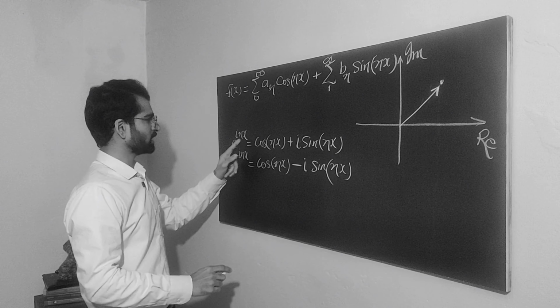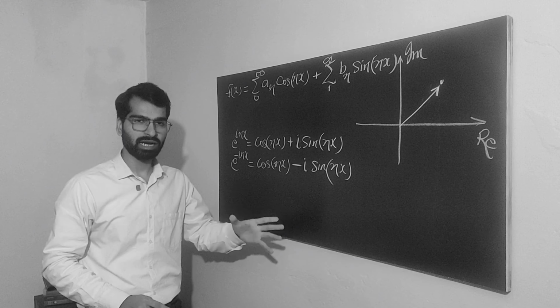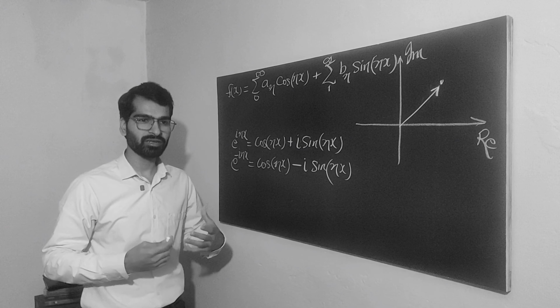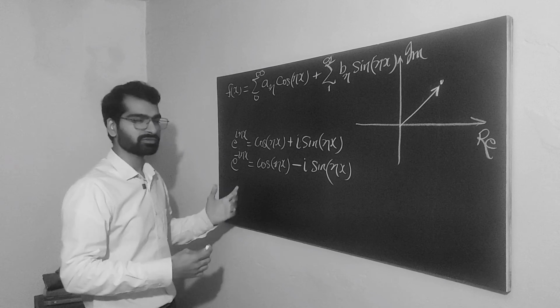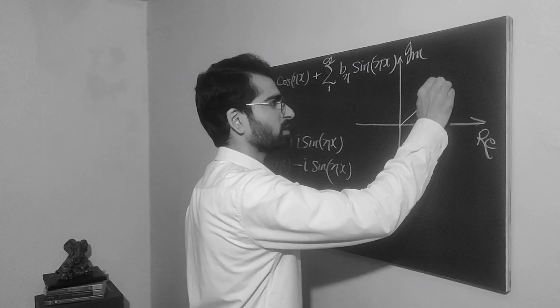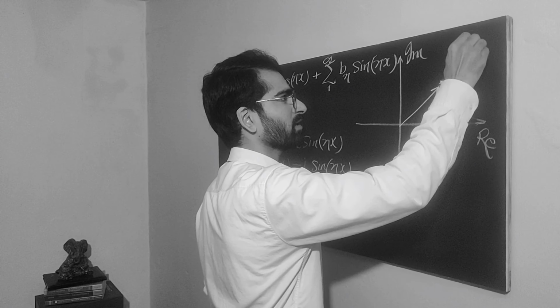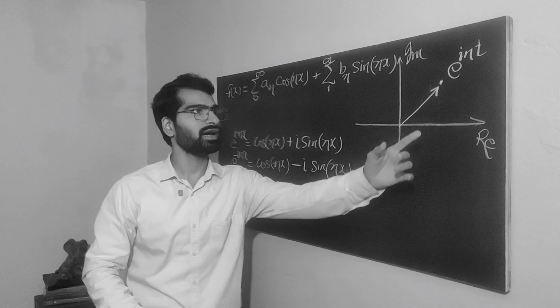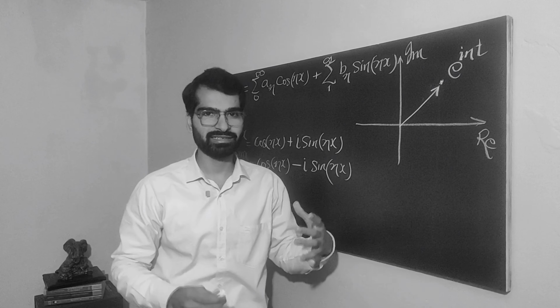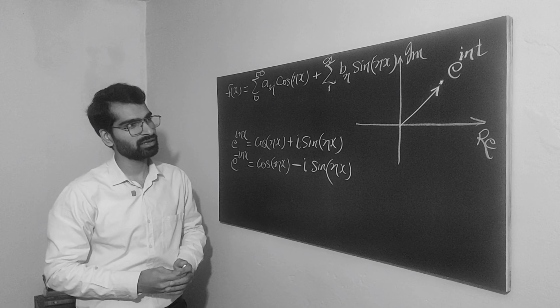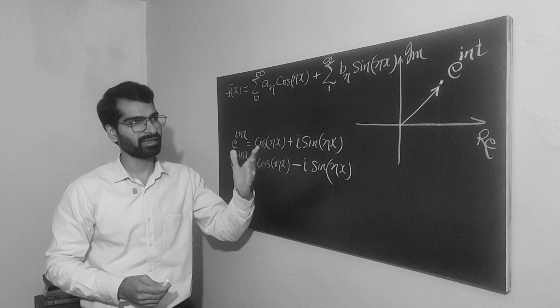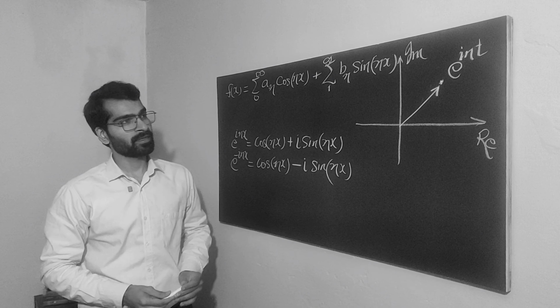For now, let me change x to t, time. It's easier for me to work with time, that's why I'm doing it. So let me call this vector e to the i n t, and now you might want to call n as omega, angular frequency, but you will still see me calling that just frequency.